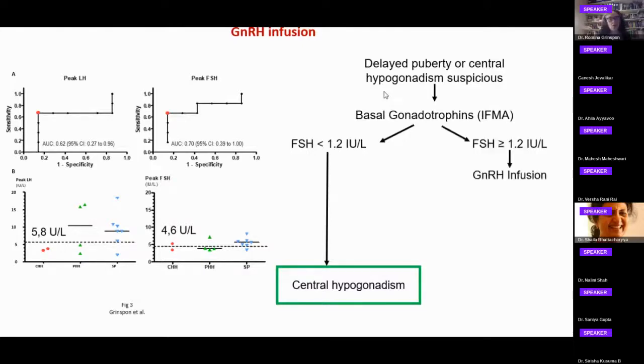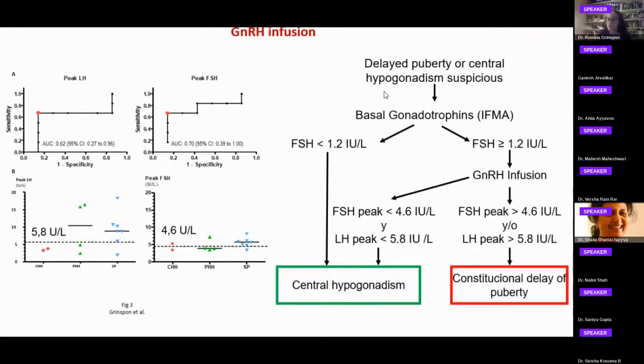If not, we do a GnRH infusion test. If LH and FSH peak are below the cutoff, we diagnose central hypogonadism. If not, we diagnose a constitutional delay of puberty. Remember that even this proposed algorithm is not 100%, it has some overlap between both groups.